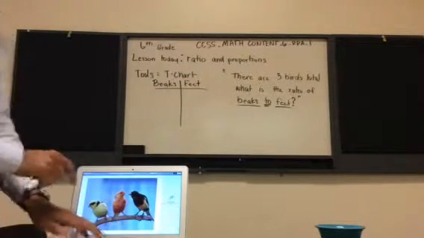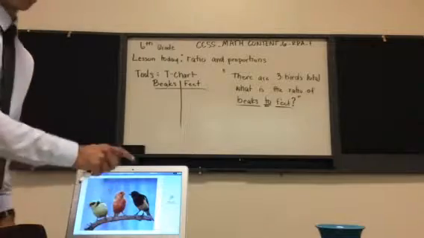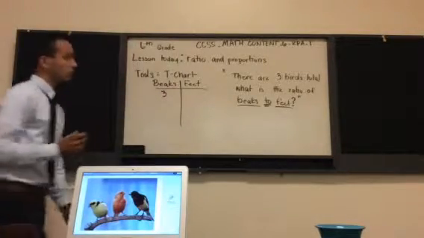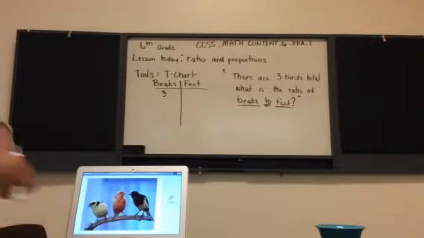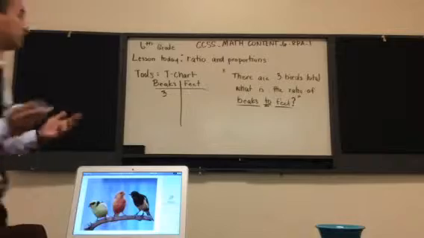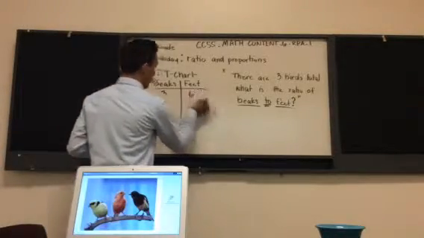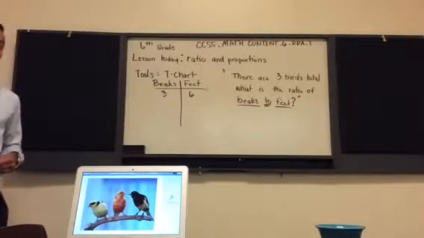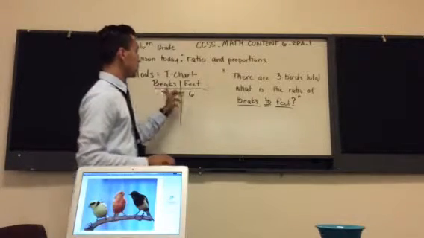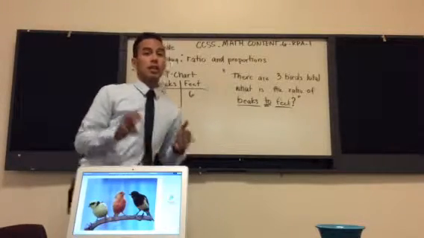Now, in the picture, let's count the total amount of beaks to feet. There are 1, 2, 3 beaks, so we're going to put 3 beaks to 1, 2, 3, 4, 5, 6 feet. So there are a total of 3 beaks to 6 feet. Yet we're not done.